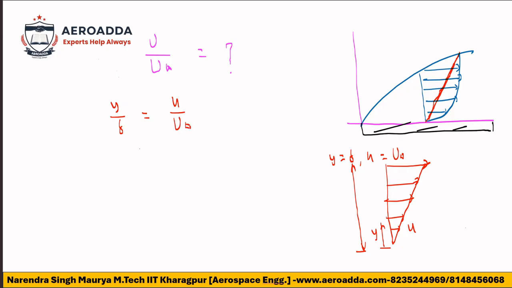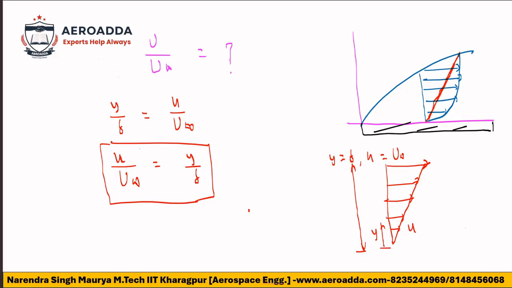That's the idea actually. Because it's a linear variation along the vertical direction, it is y by delta.